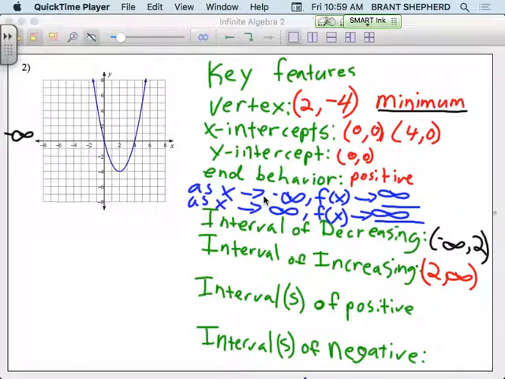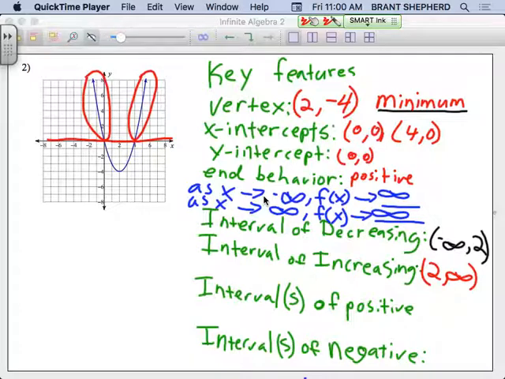And that's the interval of positive and negative. The interval or intervals of positive is where it's above the x-axis. So I'm going to look for where it's above the x-axis. All right, so here's my x-axis here. And it's above the x-axis right here and right here.